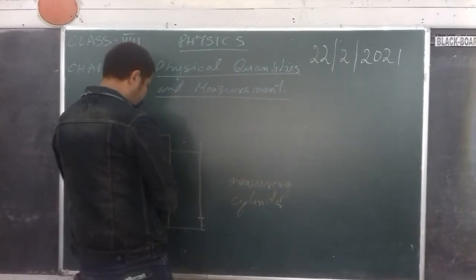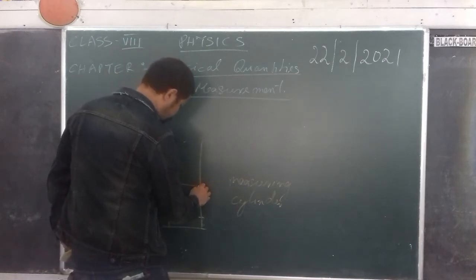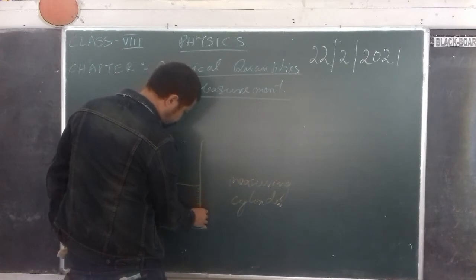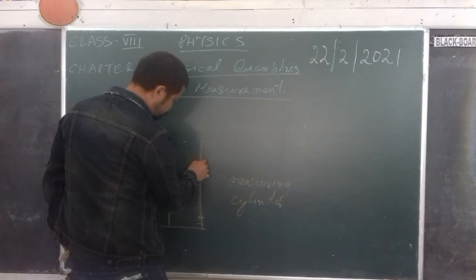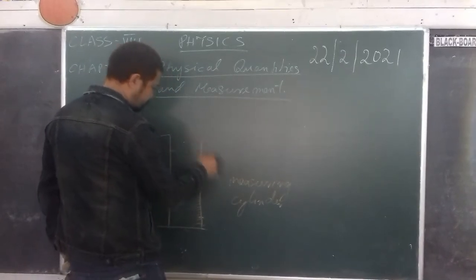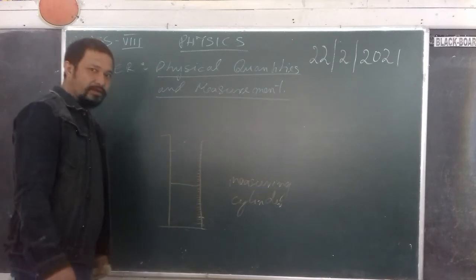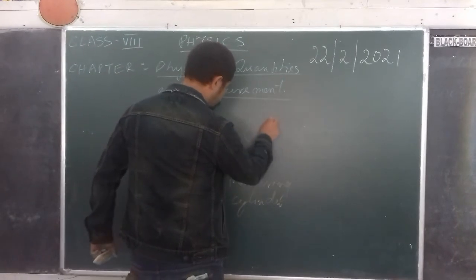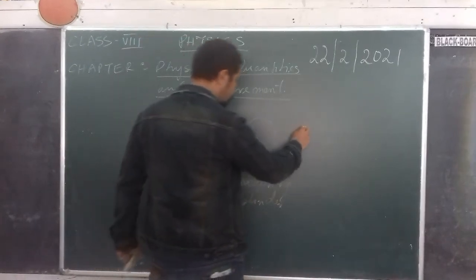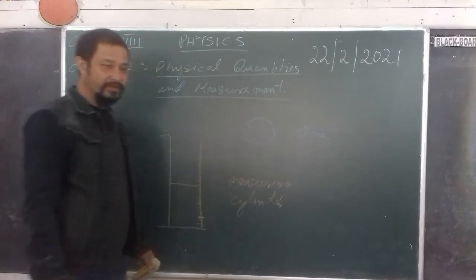Let's say we put water as the initial level in the markings. Then you take an irregular solid, let's say a piece of stone. We need to find the density of the stone.